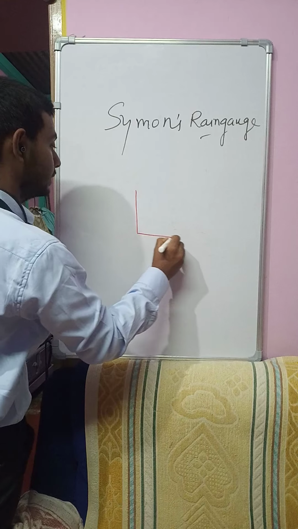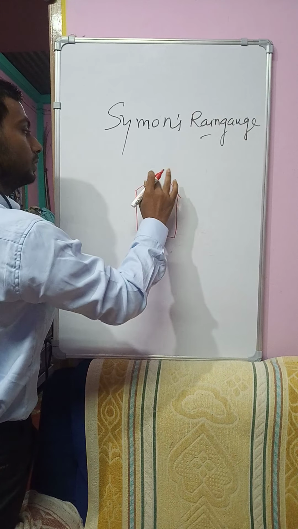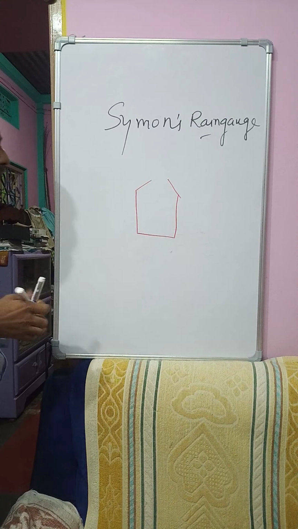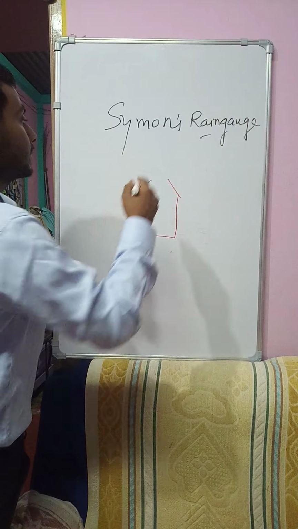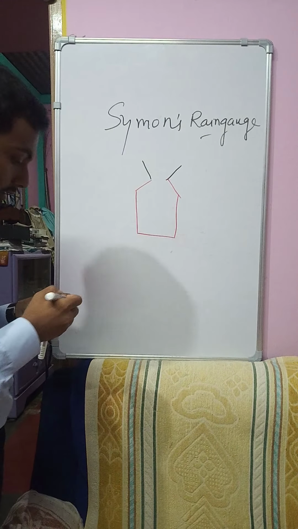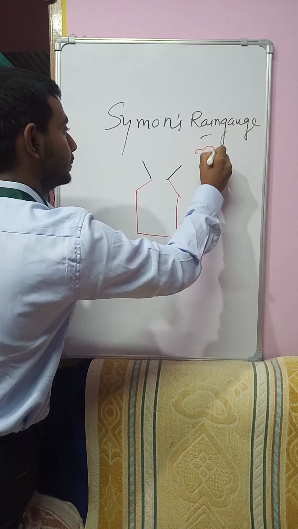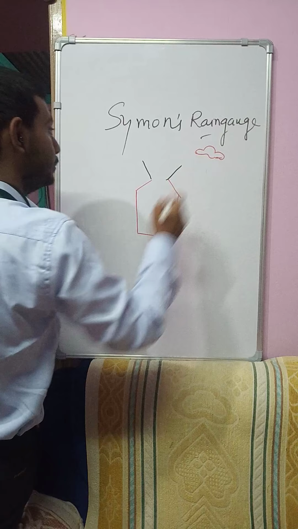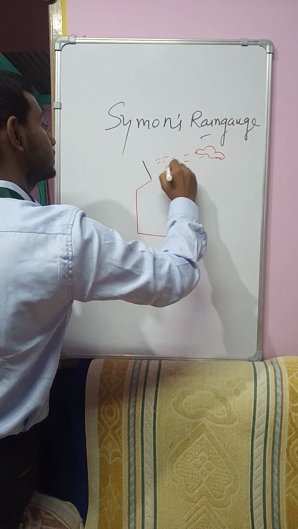I'm not so good at drawing, but let me try for you. Approximately this kind of shape. Here a funnel is attached. When it is raining, suppose this is my beautiful cloud, and this is the rain coming.